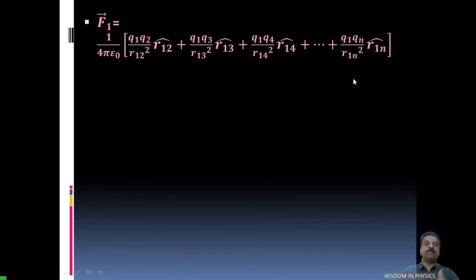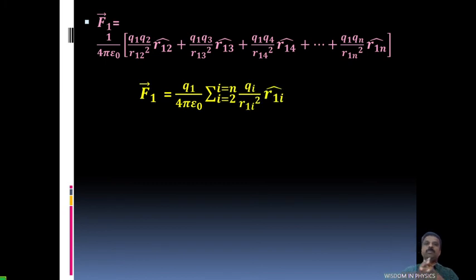You may have any number of charges in the system, and you can calculate the net force acting on the charge Q1 with the help of the superposition principle. Mathematically this can be rewritten: in every term we have Q1, so take Q1 also as common, so Q1 divided by 4 pi epsilon naught, sum over i equal to 2 to n. When you substitute i equal to 2, you will get Q1 Q2 by R12 square.